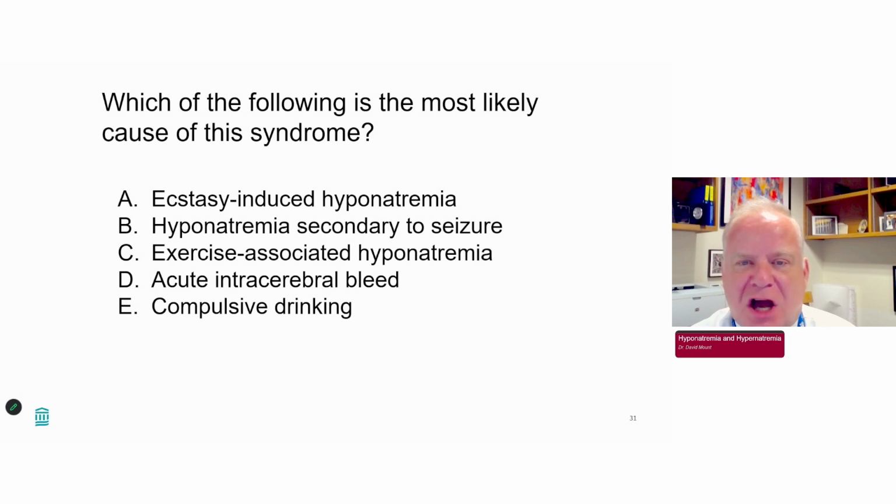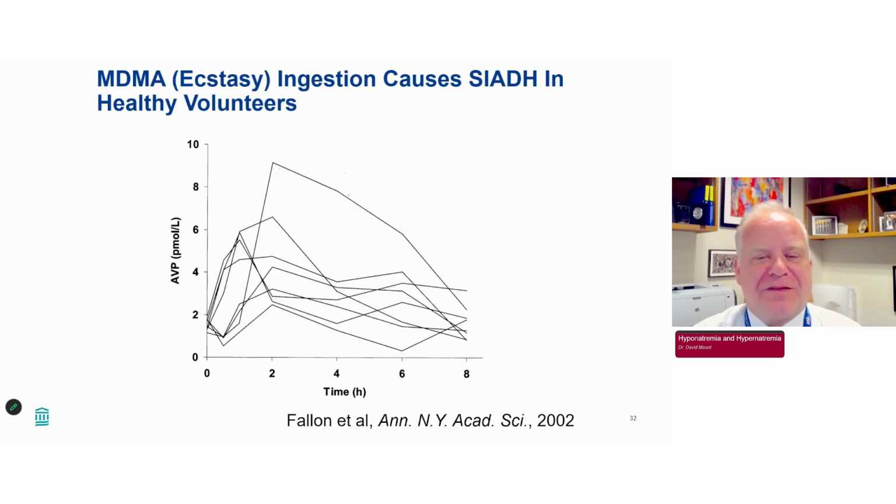So based on the solid green line of about 100% for ecstasy-induced hyponatremia, that seems to be the leading cause. So ecstasy is basically SIADH in a pill. This is volunteers who took a single tablet of ecstasy, and you can see this screaming increase in their vasopressin level immediately afterwards.